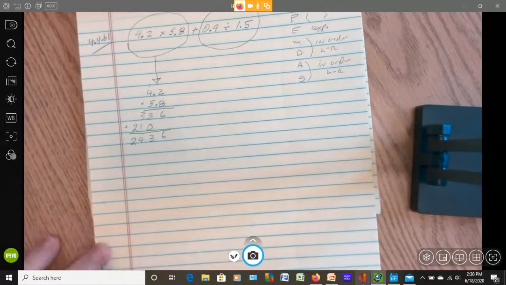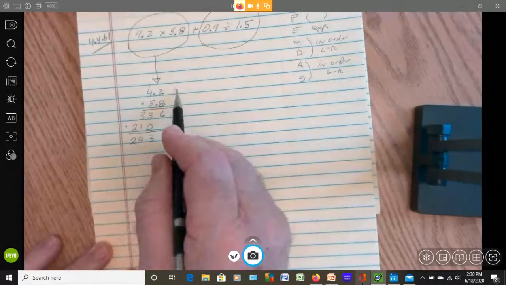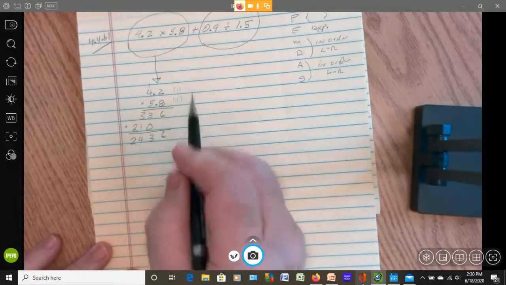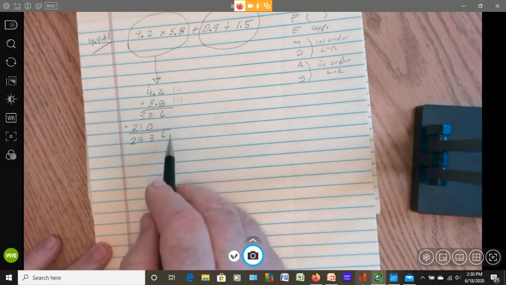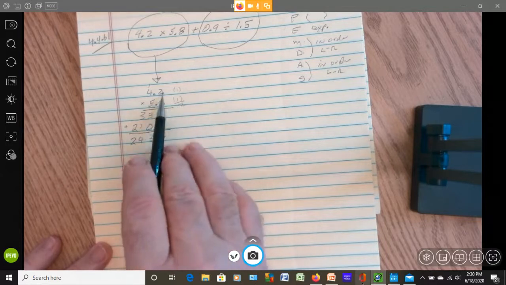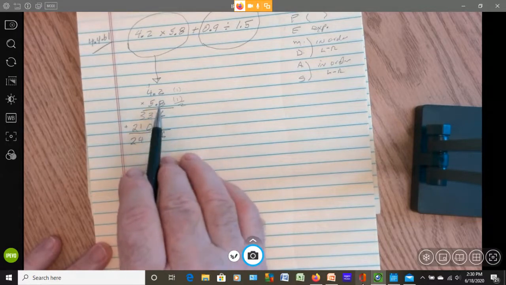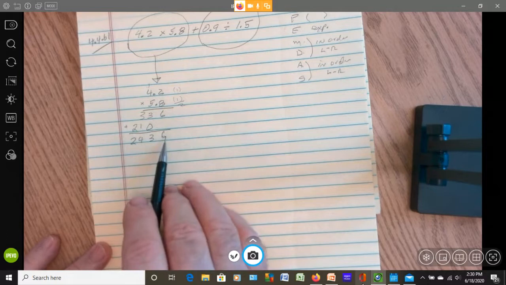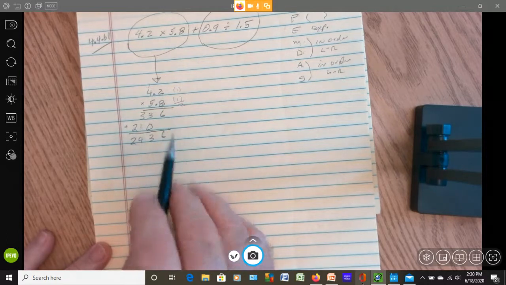Well, you got to figure out where to put the decimal point in this answer. So you have one place here and one place here. And so you're going to then add those together. And what do you mean one place? This counts off one place, a tenth, a tenth. So down here, we're going to count off not one, but 2 places.